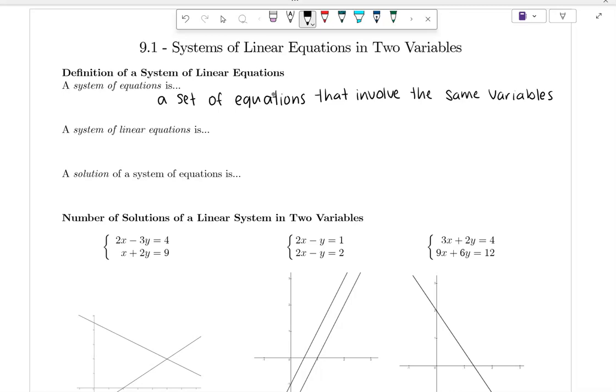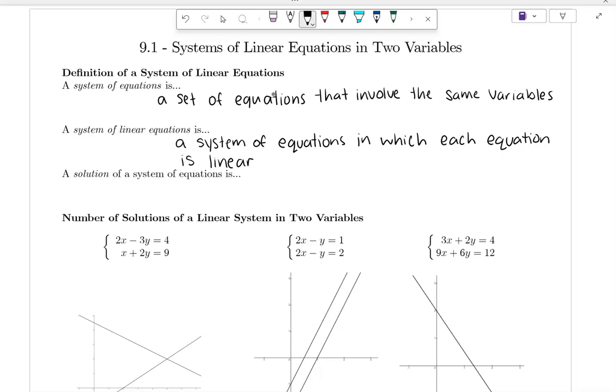So for that, we'll put a system of equations in which each equation is linear. So again, that might look something like y equals x plus 1. That's just going to be a straight line on a graph.